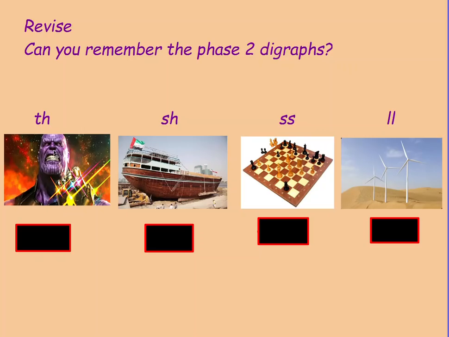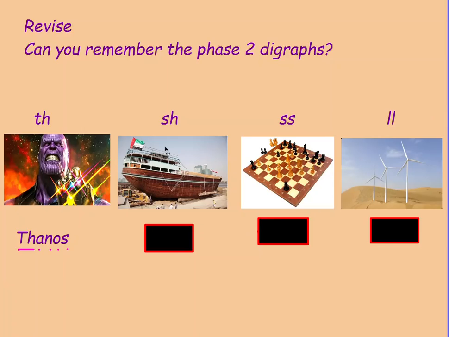Okay, you should have written the word Thanos. Let's have a look to see if you spelled it correctly. There we go. Okay, Thanos has a capital letter because it's a name. Here's the digraph. Thanos. Well done if you got that one correct.